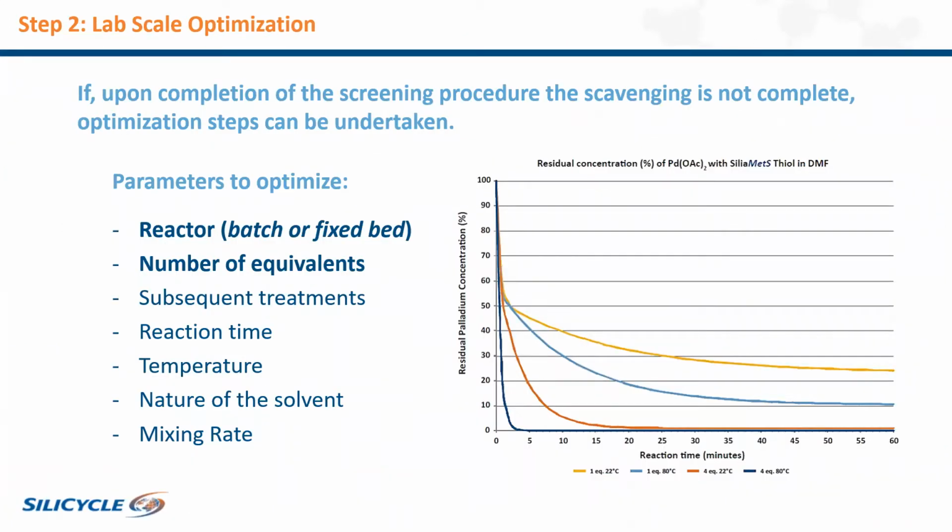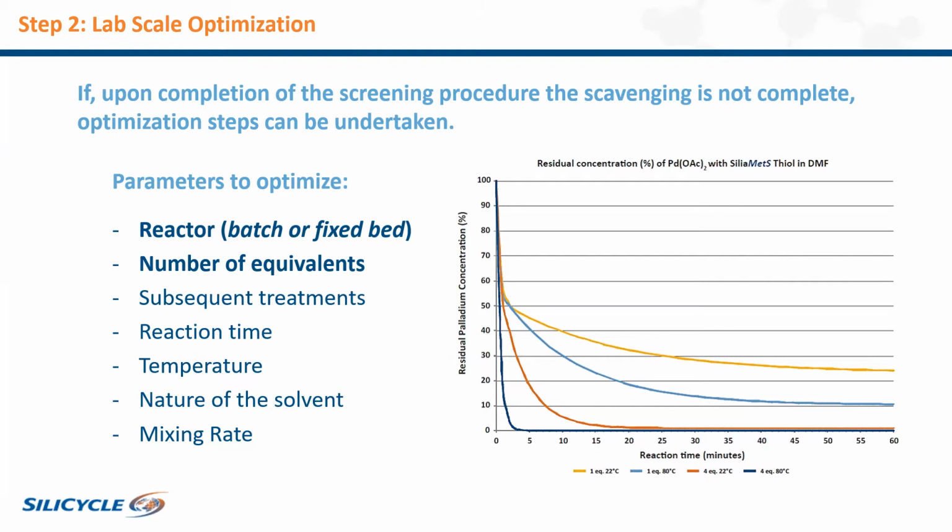Once you have done your screening procedure, you need to optimize the different parameters to make sure that you get the most efficient scavenging. So you can optimize the reactor by looking at the size of the batch, or if you're using a fixed bed. You can vary the number of equivalents that you use. You can do subsequent treatments, vary the reaction time, the temperature, the type of solvent you're using, or how fast you're mixing the reaction.